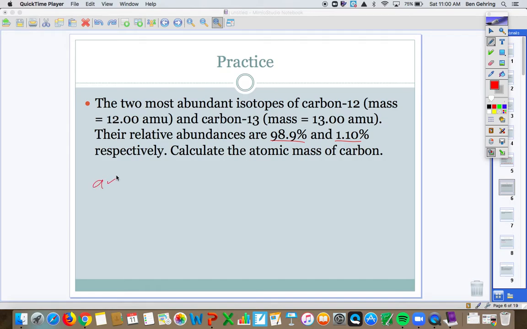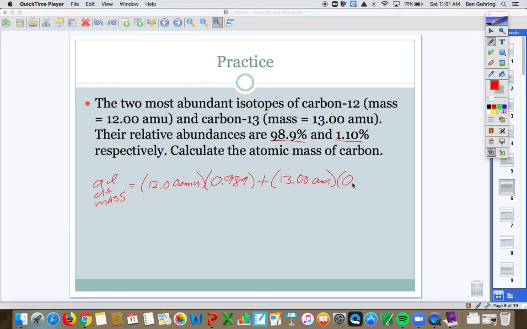I know my atomic mass is equal to mass 1 times percent 1. My mass 1 is going to be 12 AMU times percentage 98.9, so 0.989, plus mass 2, which is 13.00 AMU, times percent. Make sure you move this 2 places to the left.